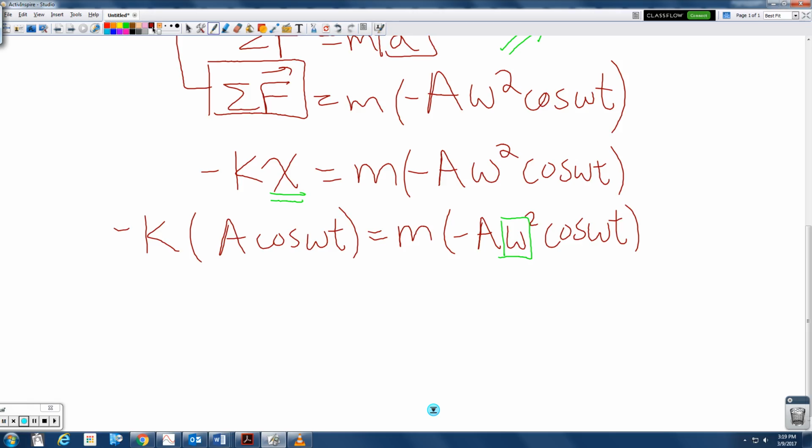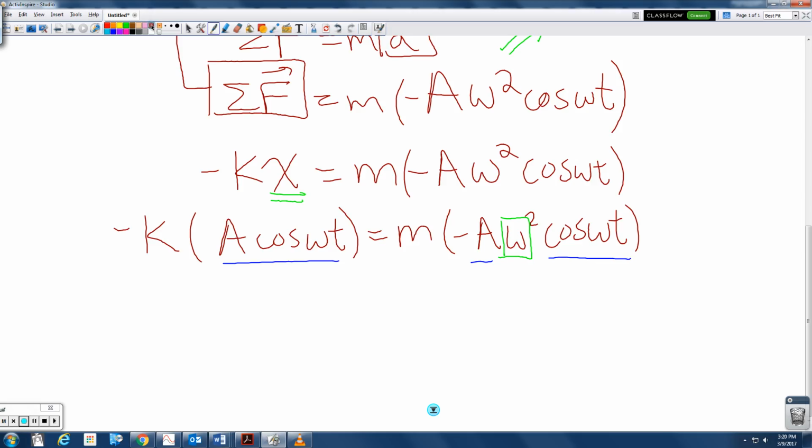I have negative k times a cosine omega t, and I have m on the other side times negative a omega squared cosine omega t. Let's see if I can work around this a little bit. I have an m that needs to come to the other side. I have a cosine omega t, and I have an a cosine omega t.